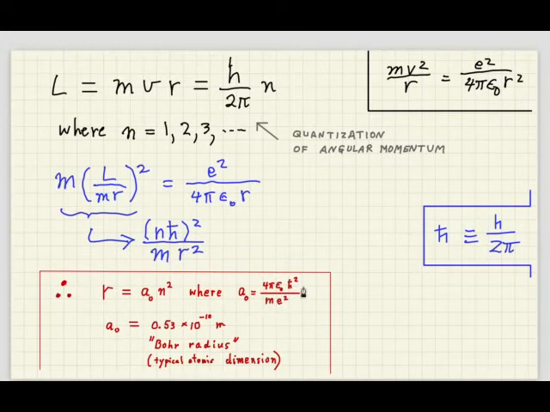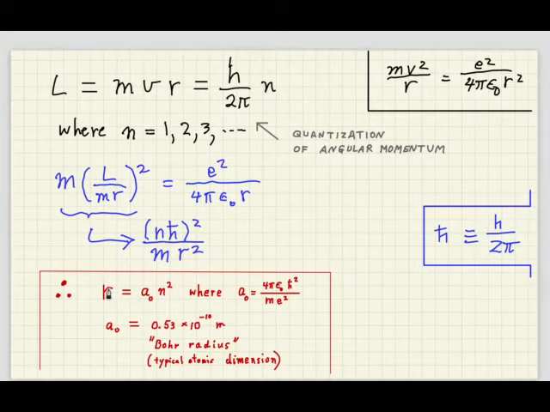You see, it's just a combination of universal constants. It's the quantum of the atomic radius. Well, not exactly. The radius goes like a0 times n squared.